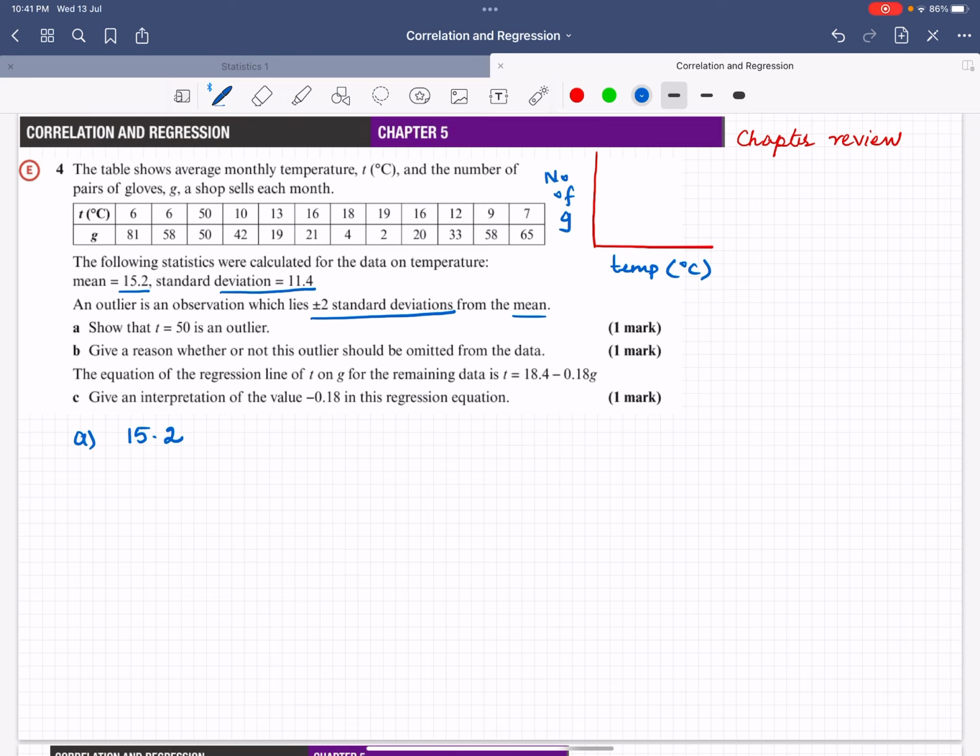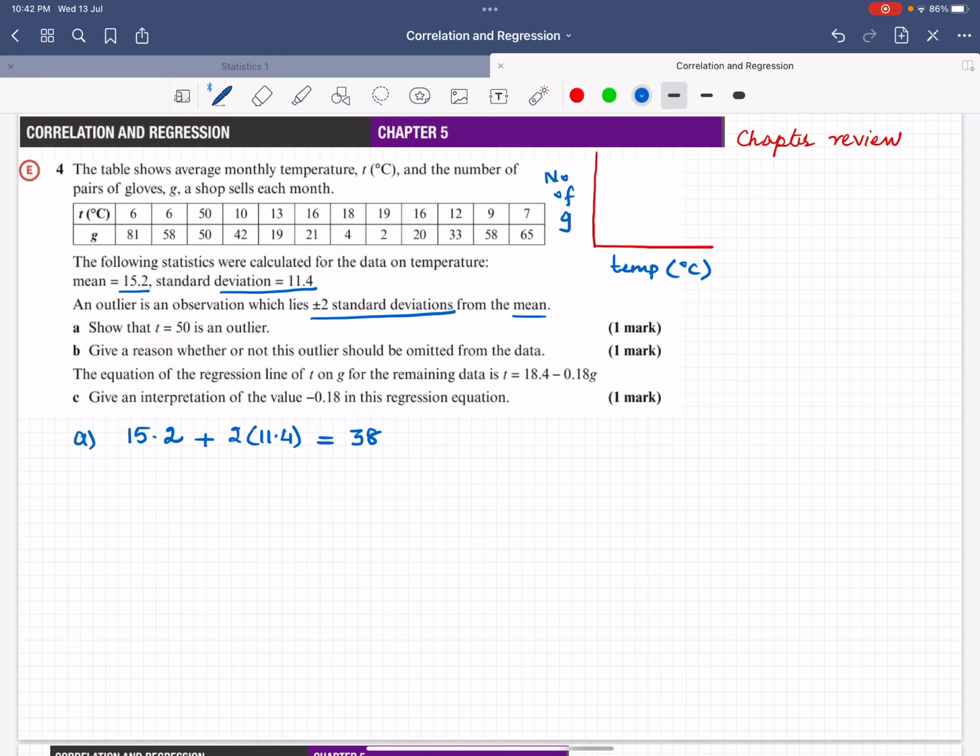So when we add 2 standard deviations, we have 2 into 11.4, and that gives us 38. So any value above 38 is an outlier. We see that a temperature of 50 degrees Celsius clearly is above 38, so it is an outlier.